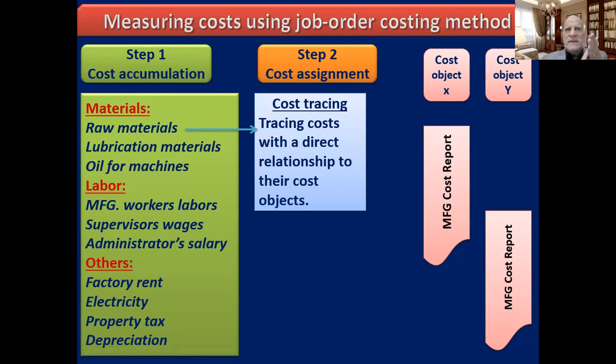In this document, it will be recorded that a certain amount of a certain type of raw material is issued to be used in manufacturing cost object X or cost object Y. So through these documents, materials requisitions, we can easily determine the amounts of raw materials issued and used in each job order.